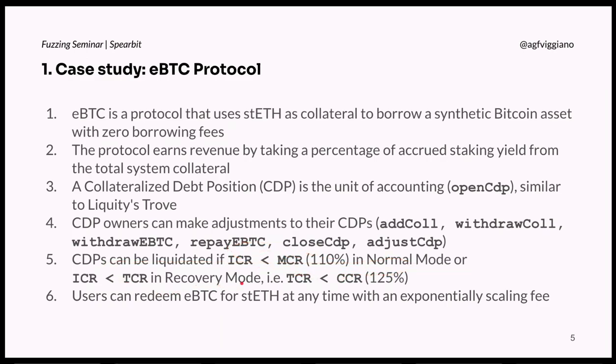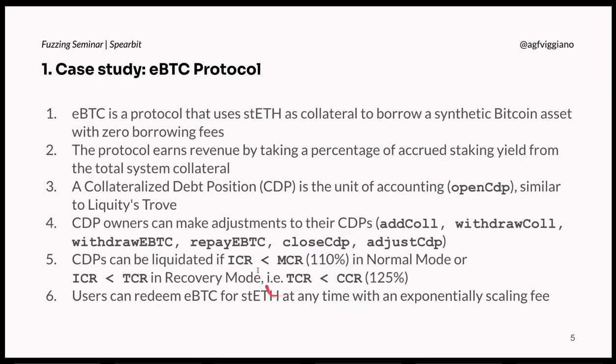Then there's also the recovery mode, where you incentivize all the CDPs to increase their collateralization. Otherwise, they can also get liquidated if they fall below the total collateralization ratio of the system, which is the sum of all the collateral in the system divided by the sum of all the debt. Recovery mode is triggered when the TCR, the total collateralization ratio of the system, is below 125%.